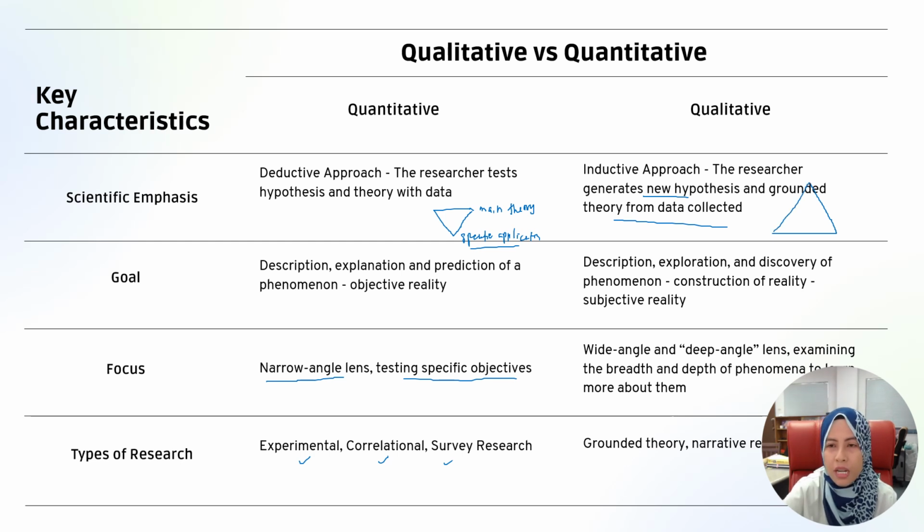So it becomes a triangle like this. Normally exploration, discovery of phenomena, description is more describing the qualitative research. And the wide angle lens examining the breadth and depth of the phenomena, and from that only you relate to the specific theory. That's the difference between quantitative and qualitative.